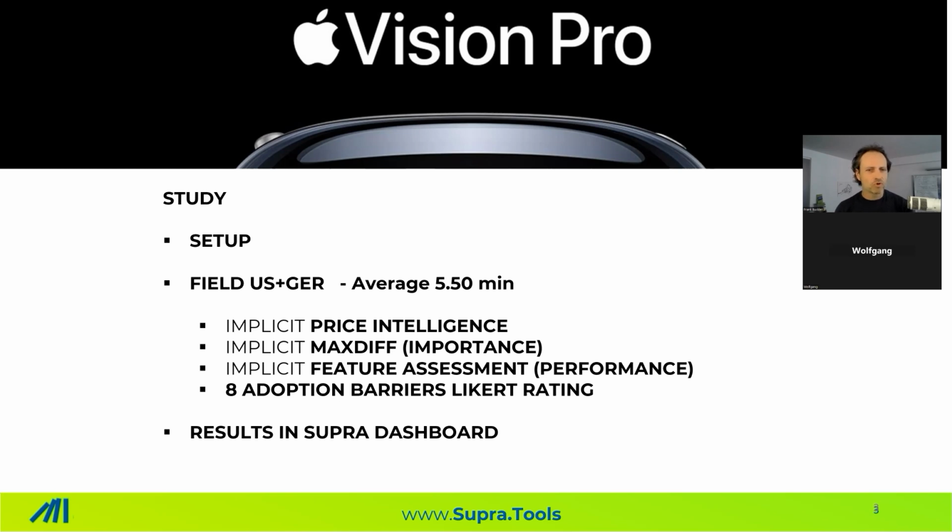And to do MaxDiff implicitly has lots of advantages. First off, it's faster for the respondent. You can use much more features. Sometimes in certain cases, you have dozens of features, no problem with that. And also with MaxDiff, you always get just relative importances.